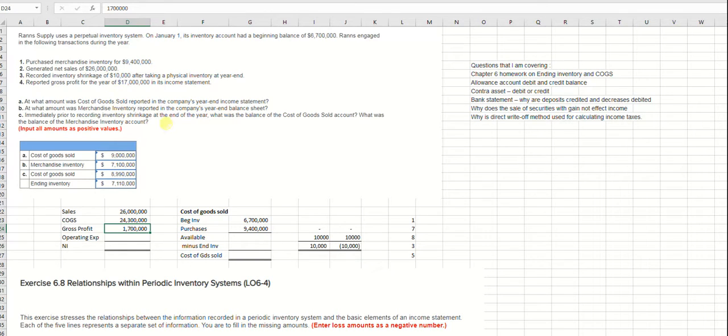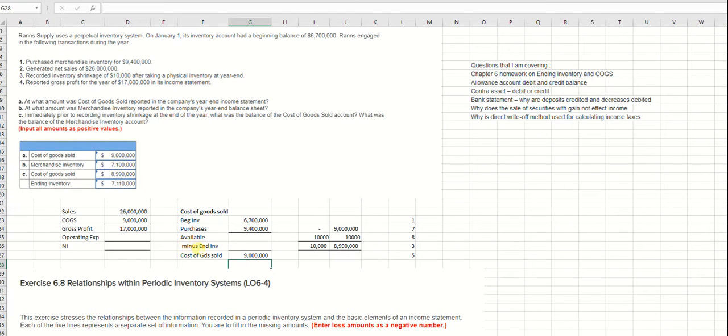Let me pause. Okay, I fixed it. I typed in 1,700,000 instead of 17 million. So if I had sales of 26 million and gross profit of 17 million, 26 minus some number equals 17, and that number is 9. So now that I know I backed into cost of goods sold, I can put that number right there.